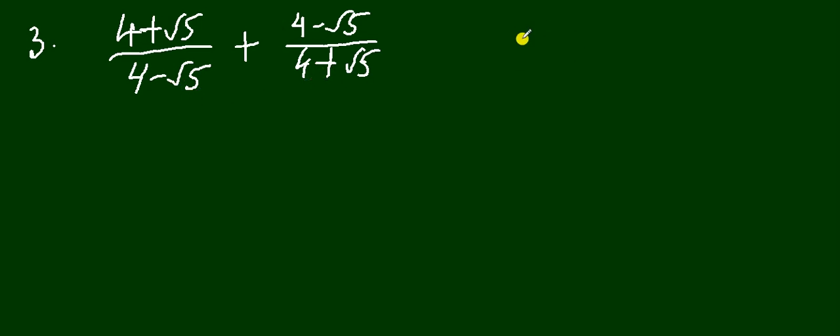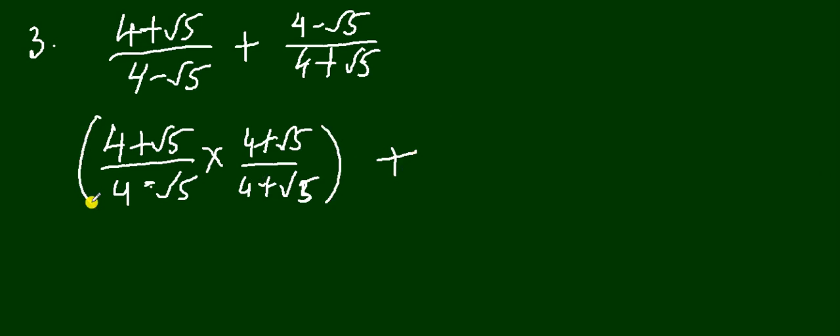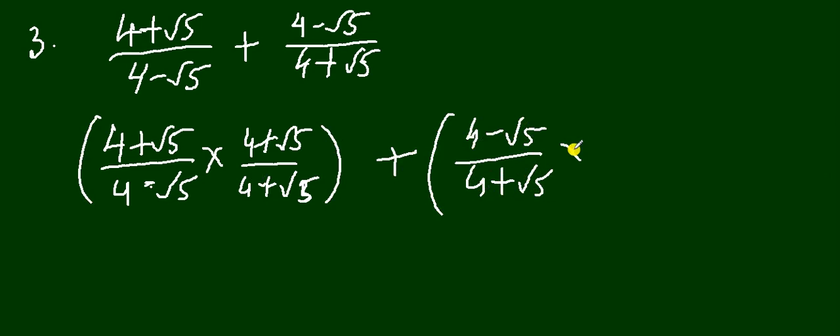Okay, so what I try to do is either I can combine, or to make it easier for understanding, let me multiply this with the rationalizing factor 4 plus root 5. Okay, then there is this plus sign. For the next one, the rationalizing factor will be 4 minus root 5, if you observe carefully.